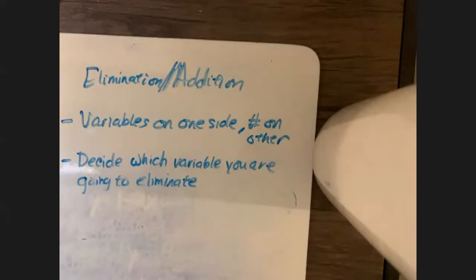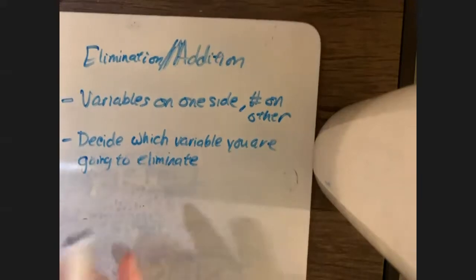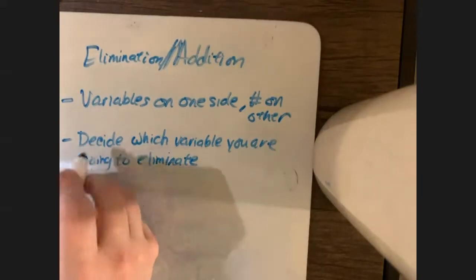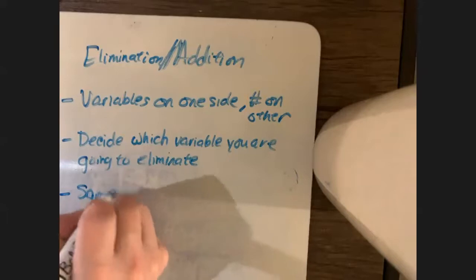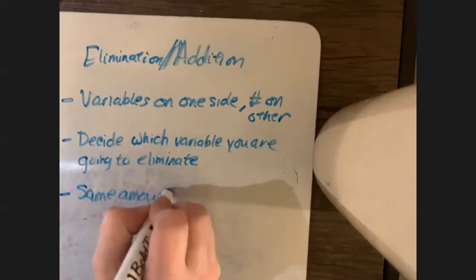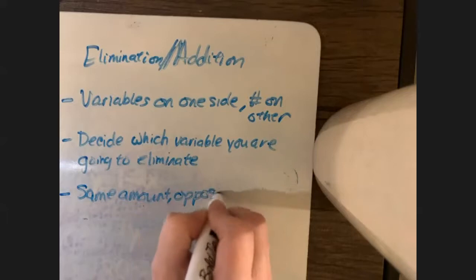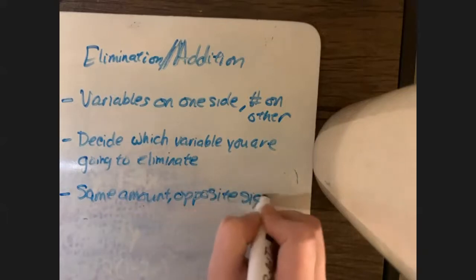If I had the numbers 3 and 4, I'm thinking, where do 3 and 4 match up in their multiplications? 3 and 4 will match at 12. As we go through, I'll show you what I'm talking about with pairings. Now, once you have that, you want same amount, opposite sign.